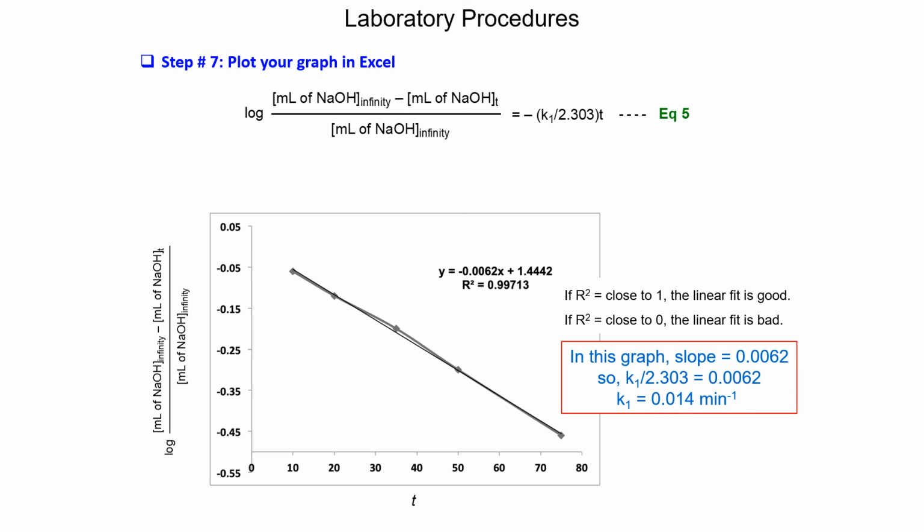You can draw the graph because you have the time too.